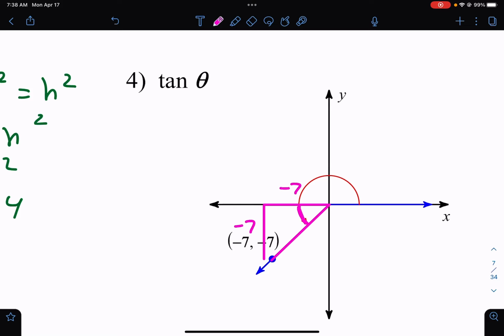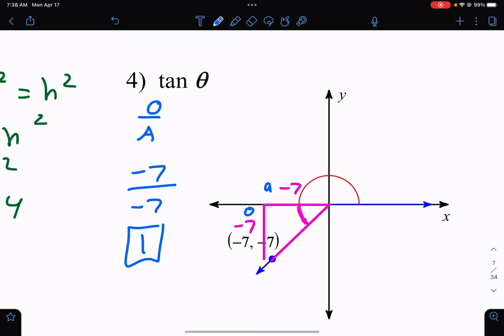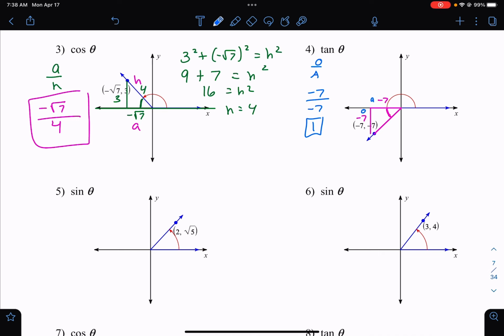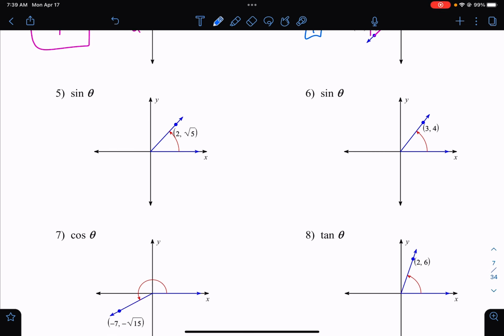In this case, we do not need to find the hypotenuse because tangent is adjacent over hypotenuse. No, it's not. Hopefully you caught my error: tangent is opposite over adjacent. So we have our opposite and our adjacent here, so it's -7 over -7, which is just 1. Really all we're doing is creating triangles out of these values.